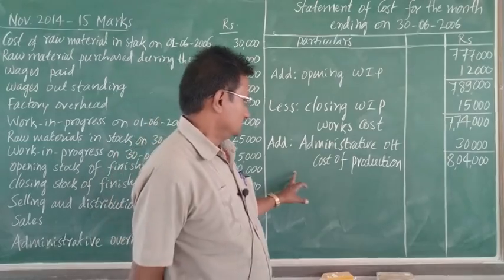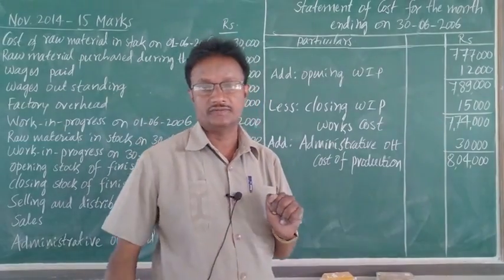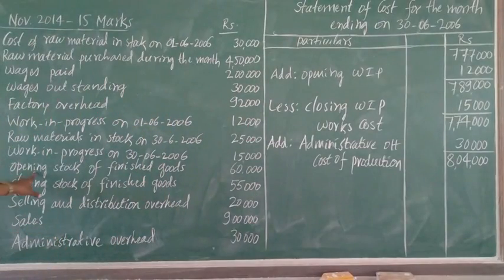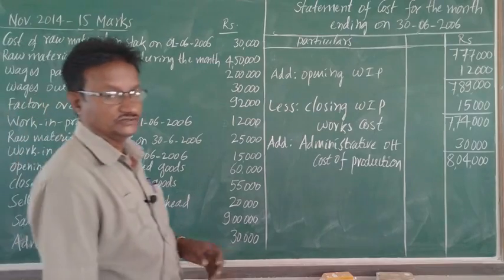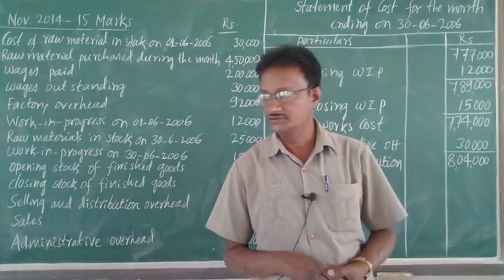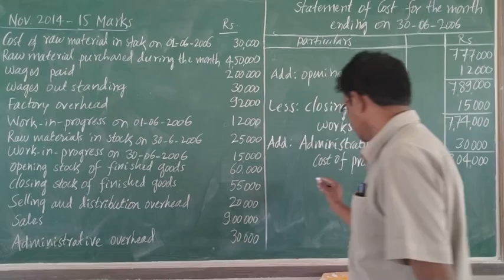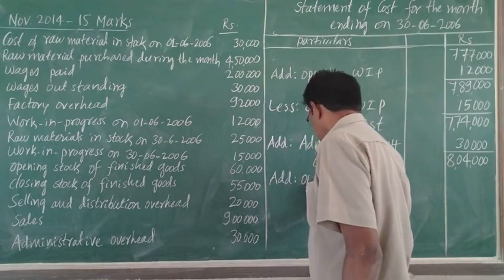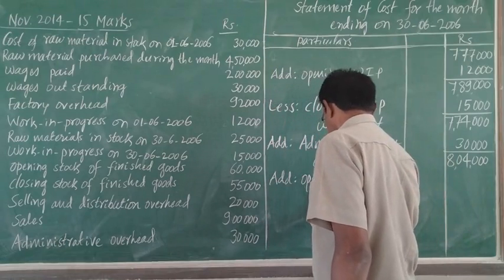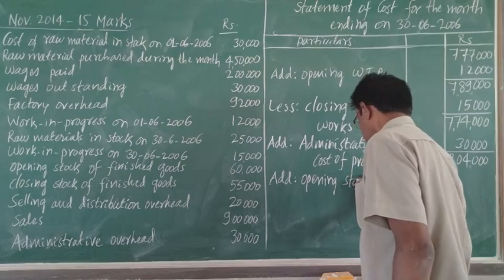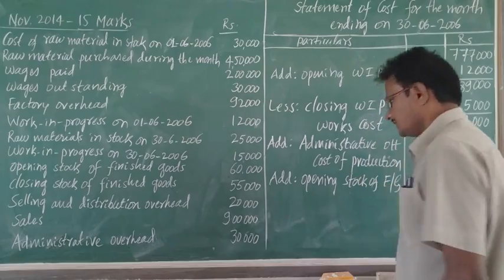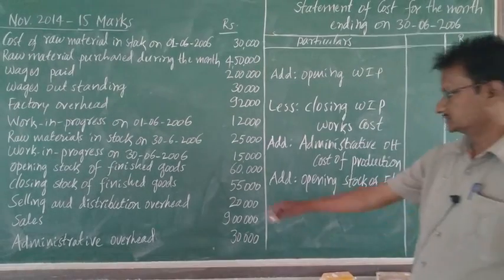So, to get the cost of goods sold, we have to add opening stock of finished goods and deduct closing stock of finished goods. So, add opening stock of finished goods.